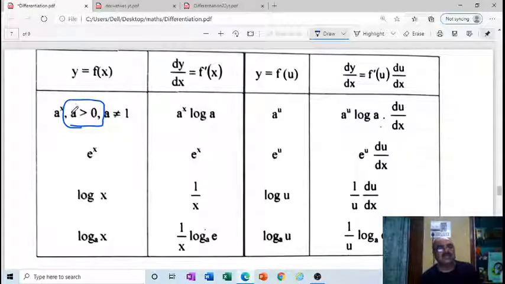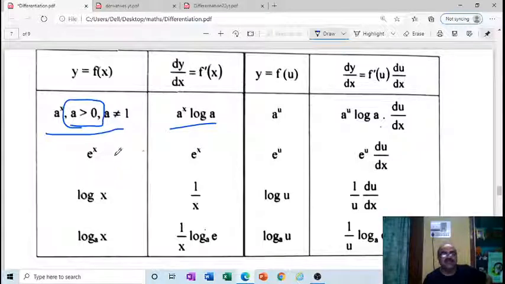So a has to be greater than 0 here. A not equal to 1. Even if you make it equal to 1, whatever power you put, you will get only 1. So a is greater than 0, a not equal to 1. When these conditions exist, then differentiation of a power x will be a power x log a.